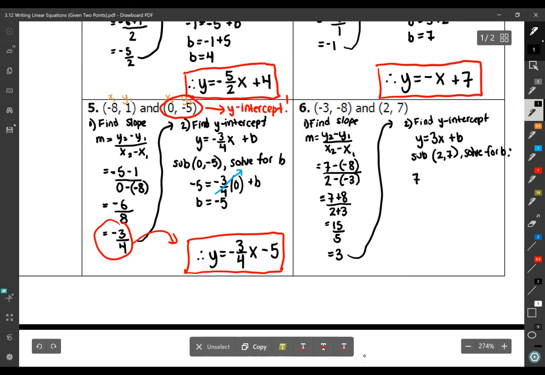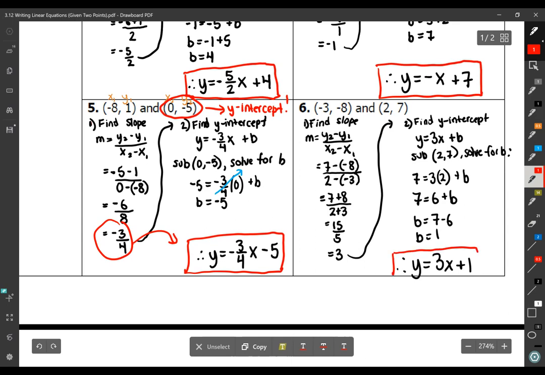So 7 is equal to 3 times 2 plus b, and that gives us b equal to 1. So our final equation is y equals 3x plus 1.